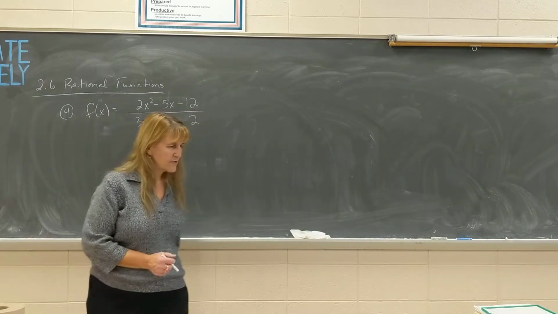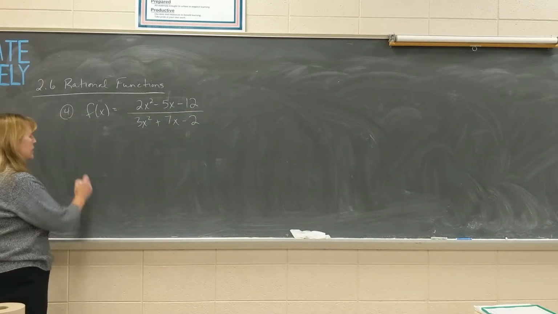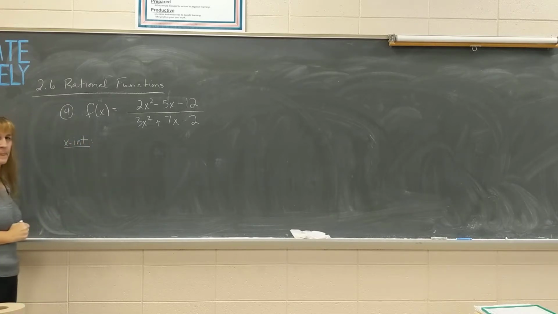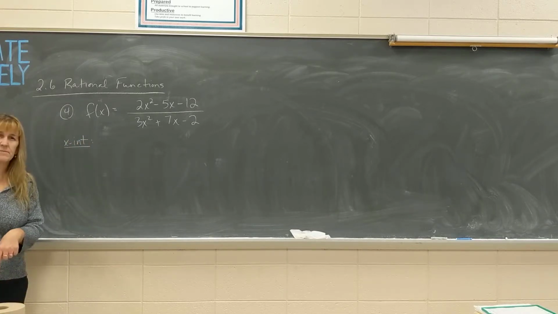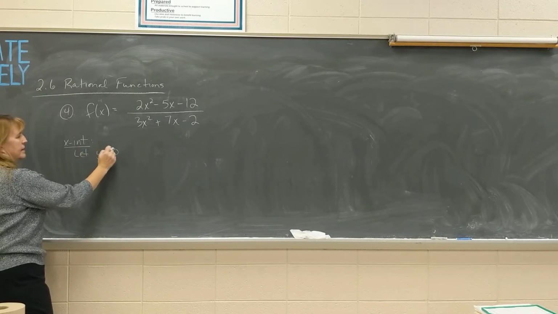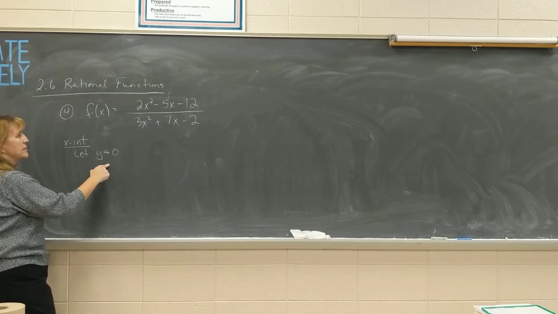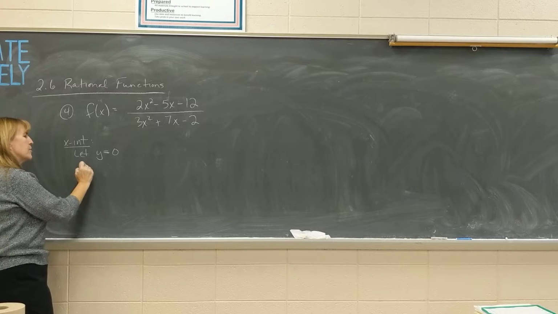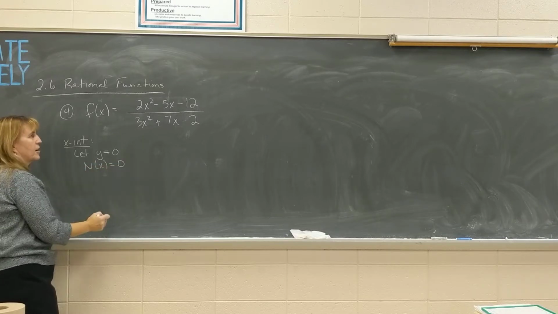First thing that this question is asking for is x-intercepts. How do I find x-intercepts? I'm going to go fast, you guys. Let y equal 0. And if you let y equal 0, how is this fraction going to equal 0? The numerator gets set equal to 0 also.